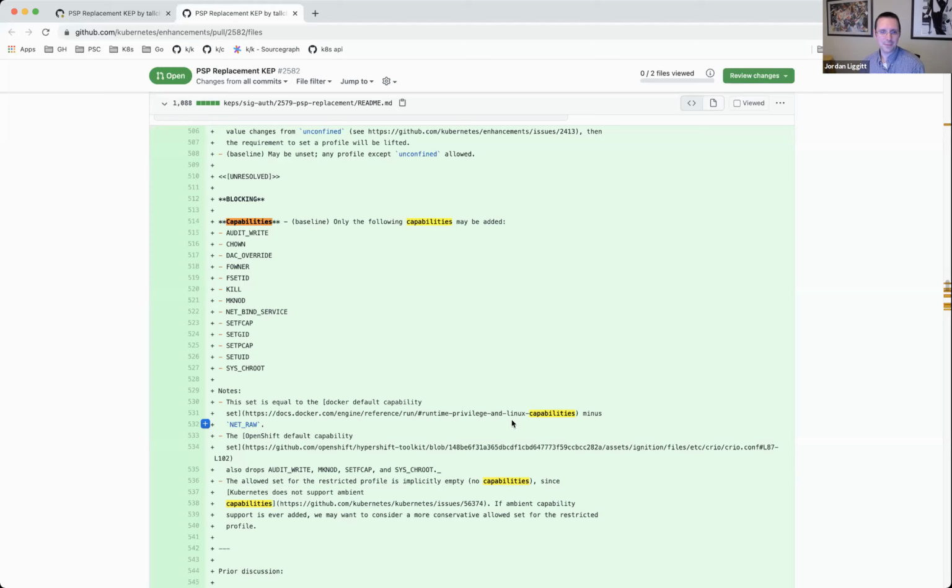Saying if we fix the ambient capabilities in the future, we would revisit this, to me says we actually don't mind if restricted pods follow the drop all and then add back some. And I'm thinking we don't want them to add back any. I think that there's harmless ones that they can and ought to be able to add back, especially once they have ambient capabilities.